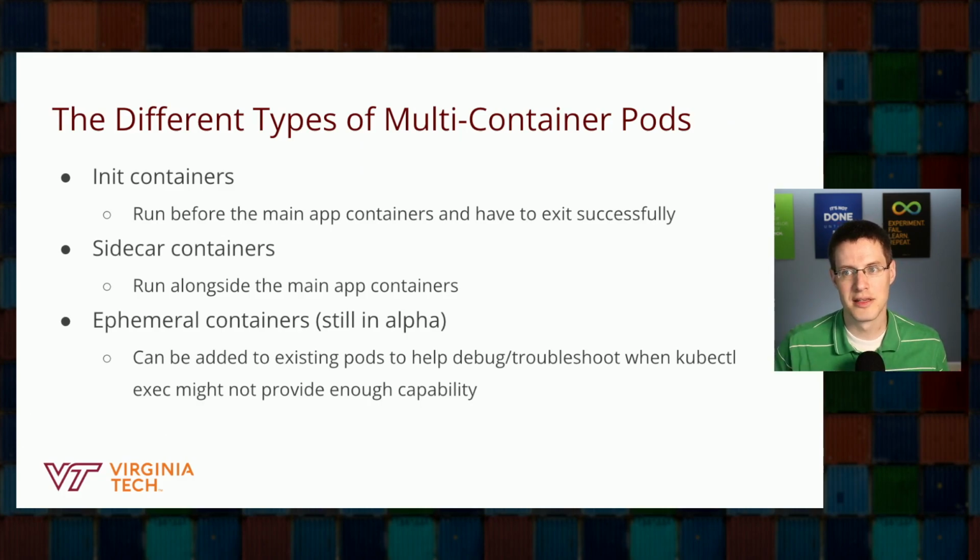Maybe I need some network debugging tools that aren't part of the main app. I can use this ephemeral container to bring in debug tools on the fly. And then when I'm done, I just exit out and the ephemeral container is gone. So ephemeral containers are pretty cool, but they're still in alpha, so most people can't use them yet.